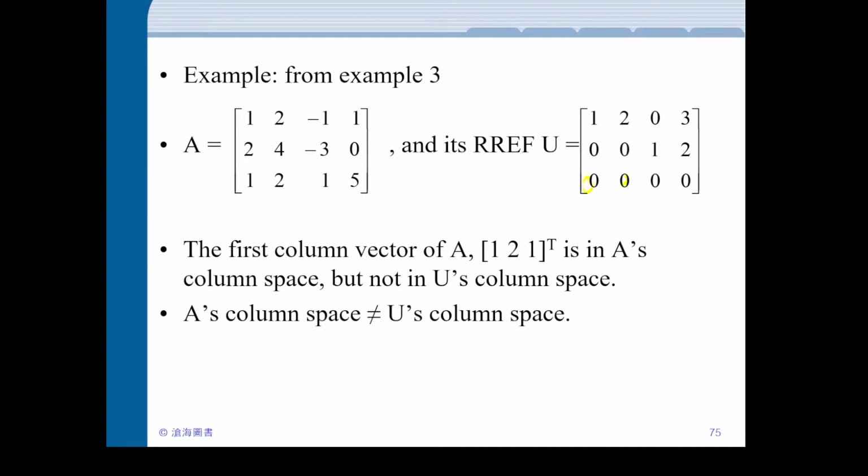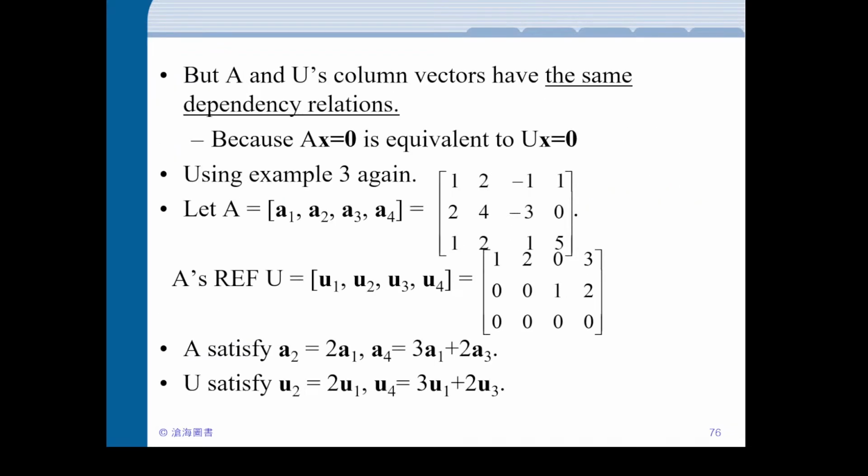So any linear combination of those columns will have a 0 as the last coordinate. But say the first column of A here is 1, 1, 2, it has 1 here, so it cannot be a linear combination of the columns of U. So obviously the column space of A and the column space of U are different, because basically every column vector of A is not in the column space of U. So the column spaces are different.